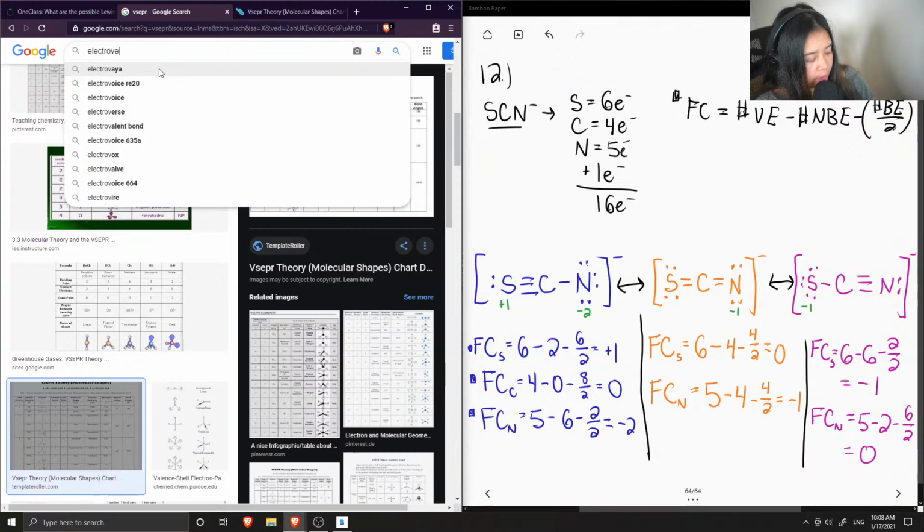So let's compare the electronegativity values of both sulfur and nitrogen.